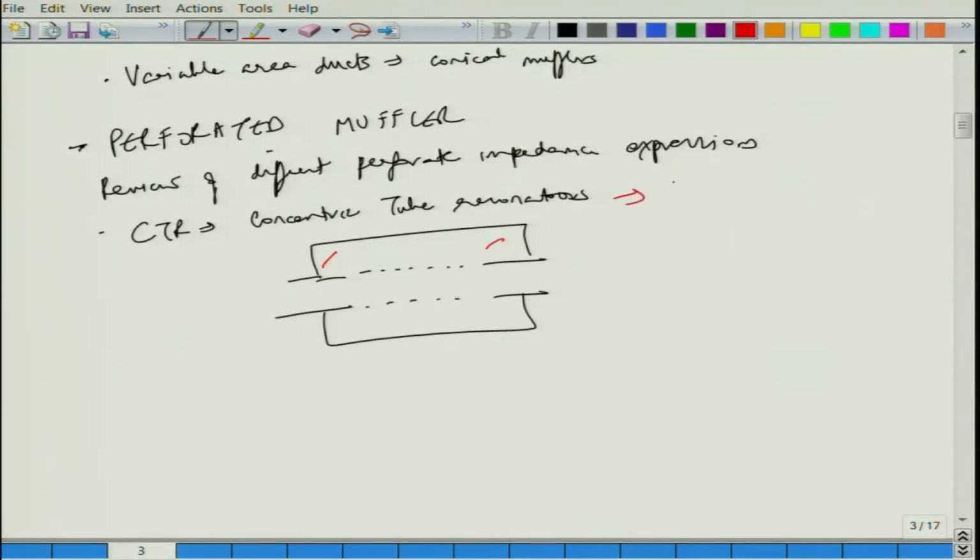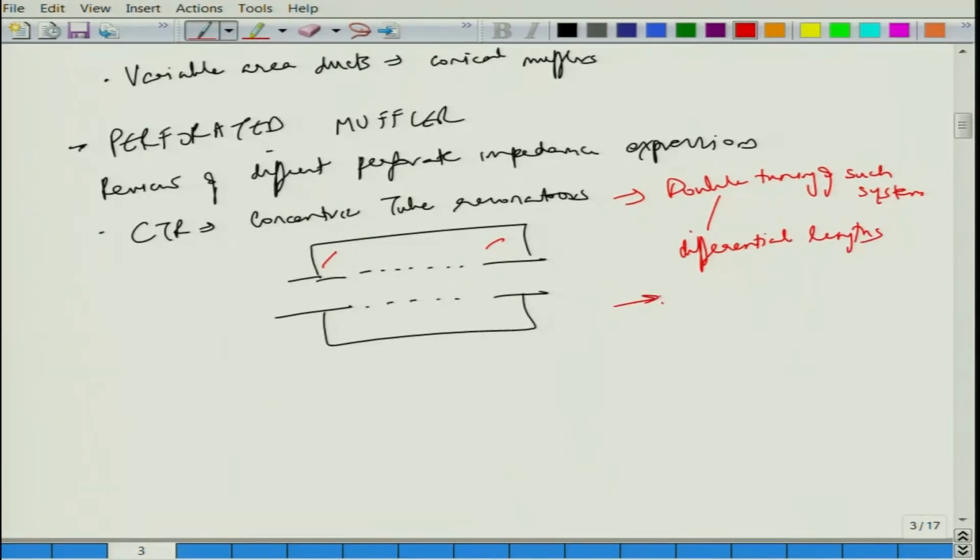Double tuning of such systems, actually using a concept of differential length to double tune it. Okay.